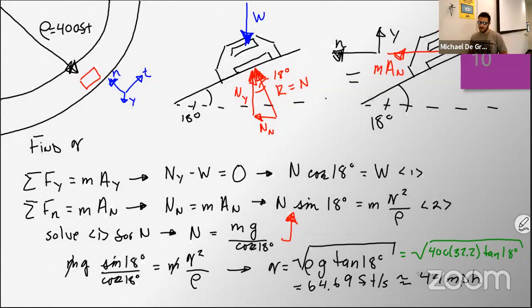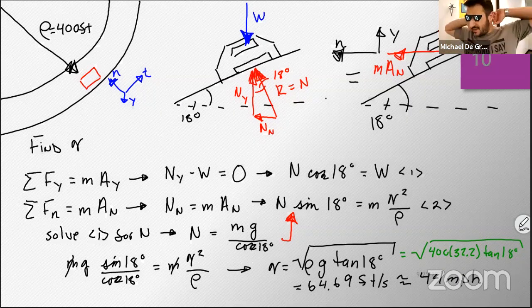You convert that 400 to meters, you use 9.81 meters per second squared, multiply by tangent of 18 degrees. Make sure your calculator is in degrees if you're using degrees. That's the other thing.